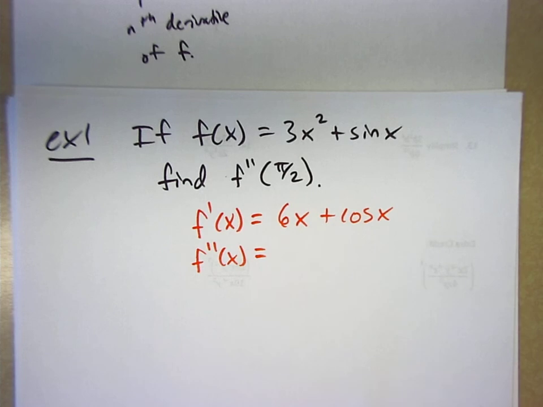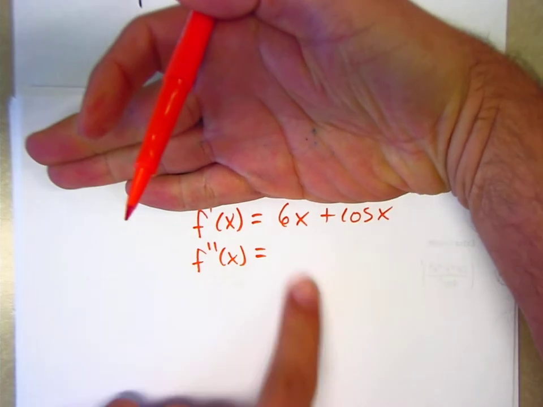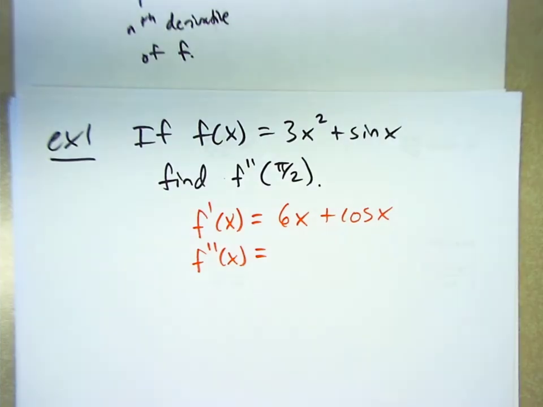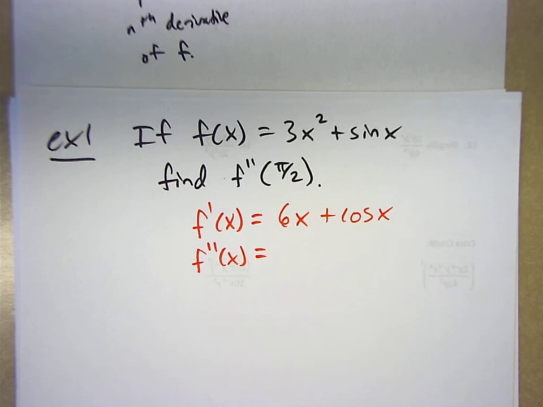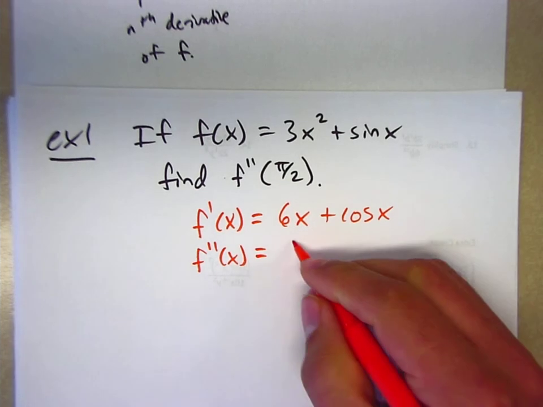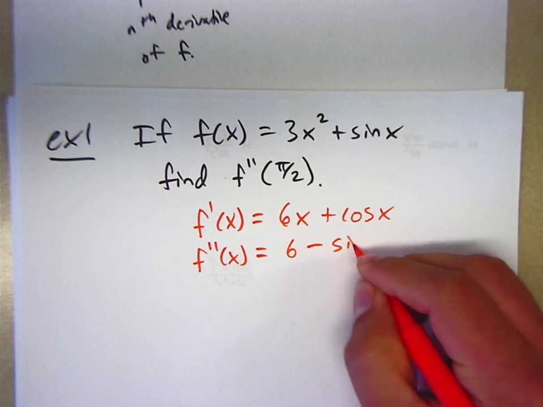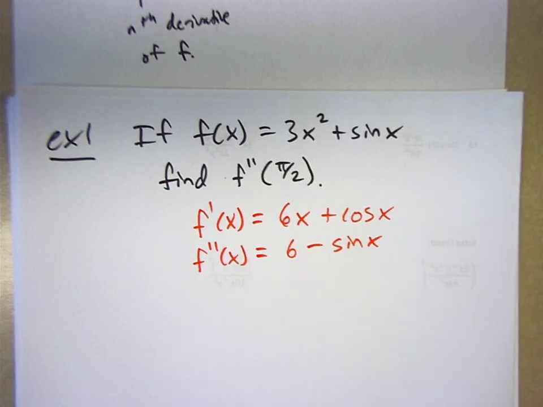So all we're doing now is just taking the derivative of the new function. 6 minus sine of x. Yeah, don't forget the x. We need the x in there, but that is correct. Perfect.